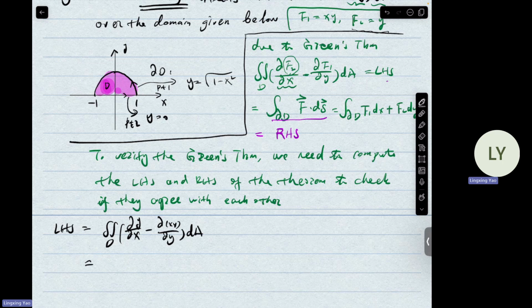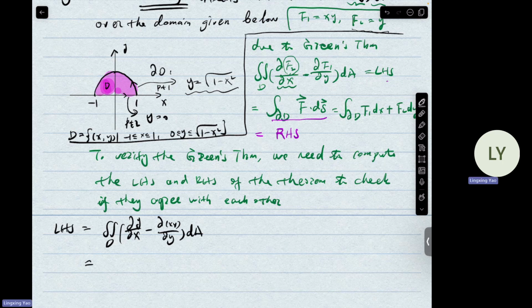In xy coordinates, x is bounded between -1 and +1, and if we treat this as a type 1 region, y is bounded between 0 and the half circle on top, depending on where your x is. So the top boundary for y will be the square root of 1 minus x squared.